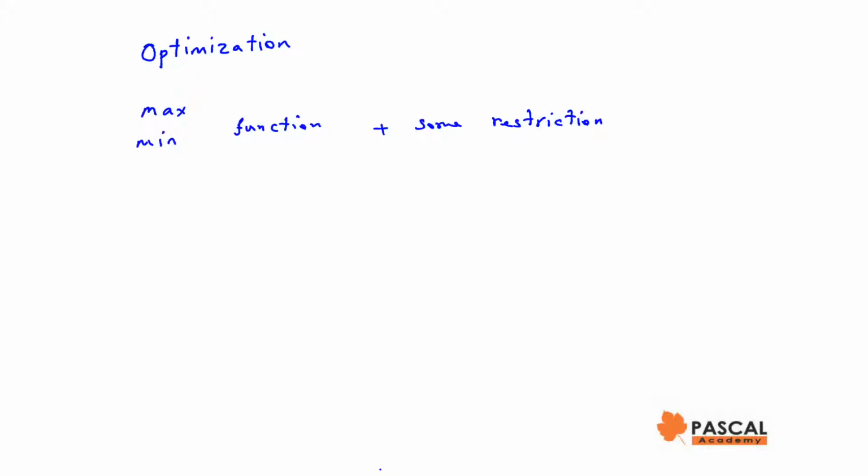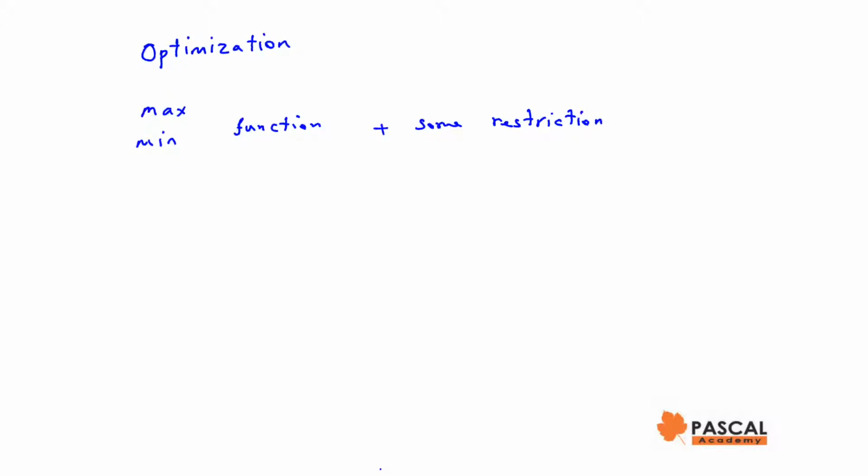We usually have a real-life scenario, like maximizing the income, maximizing the profit, maximizing the area, or minimizing the cost, minimizing the perimeter, and so on. And we have some restrictions.